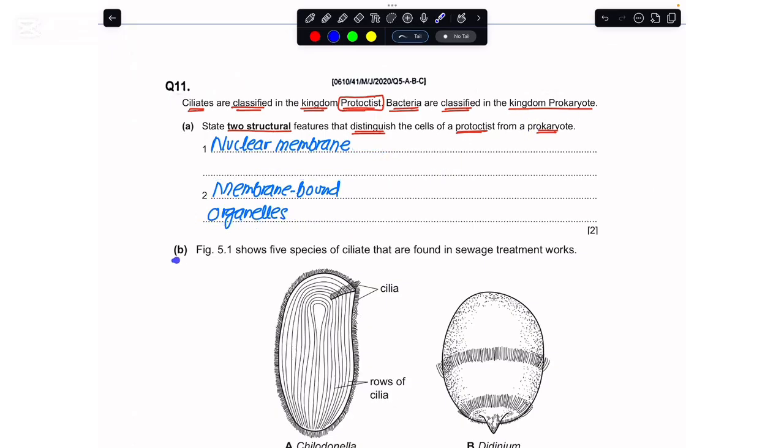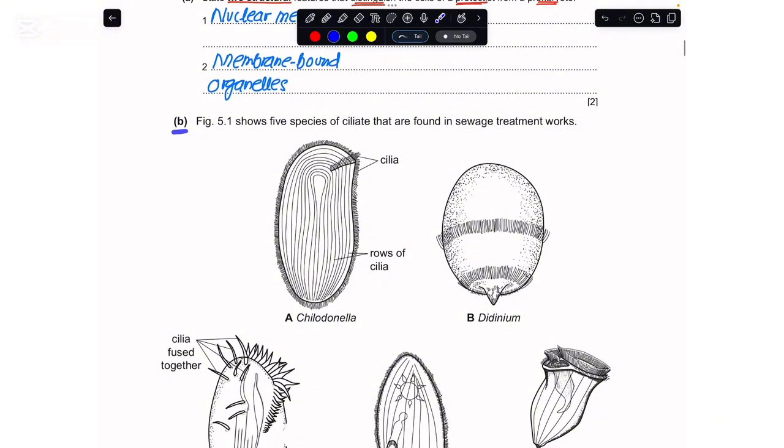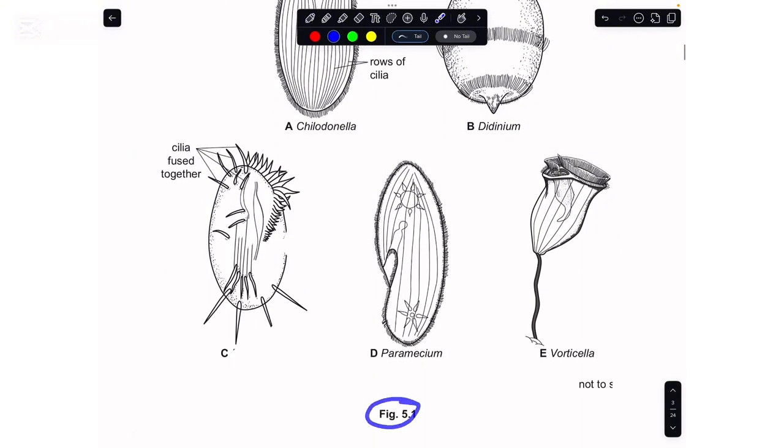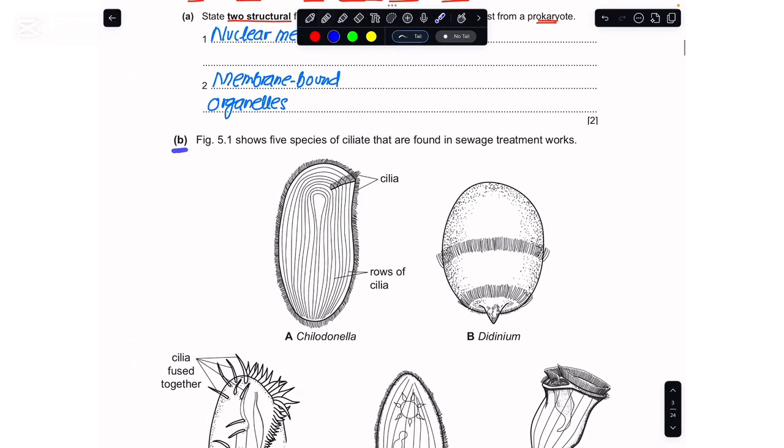Now for the B part, where they have given you this figure 5.1, they say in 5.1 we show you five species of ciliates that are found in sewage treatment works. By sewage treatment works, we simply mean where the garbage or polluted water is collected, we will sample it and try to see how many species of ciliates we have here in the sewage treatment work.